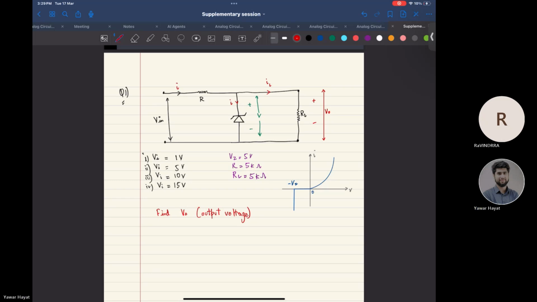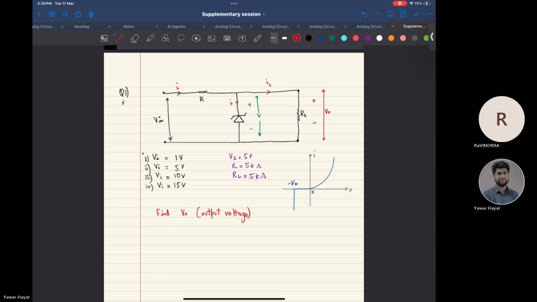Yes. Also, when will the Zener diode be in off condition? When your output voltage is less than 5 volts, right?